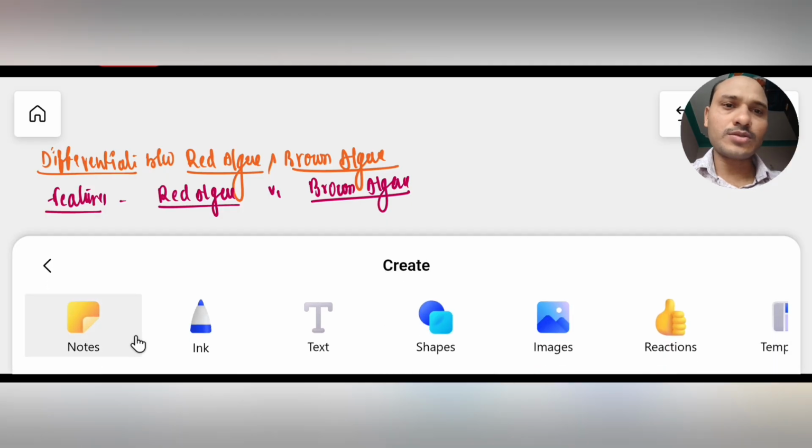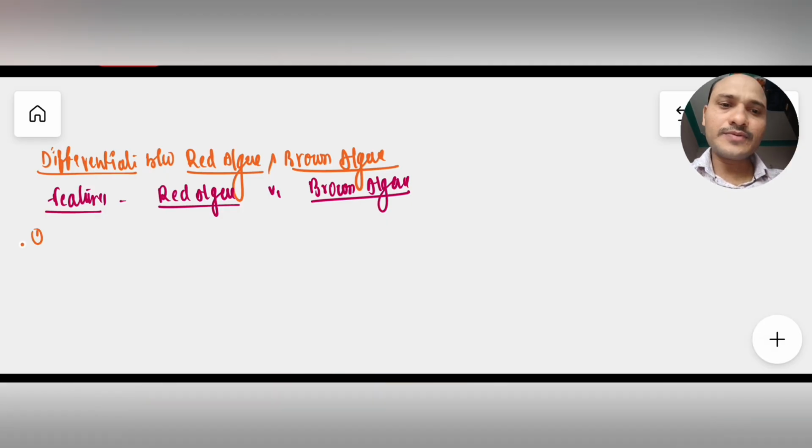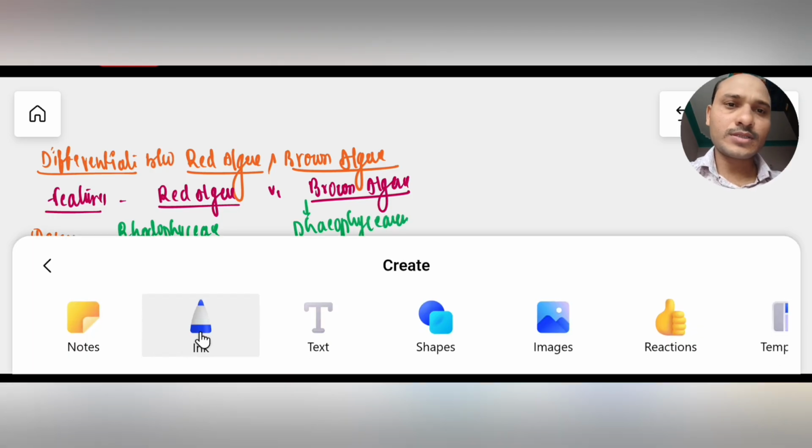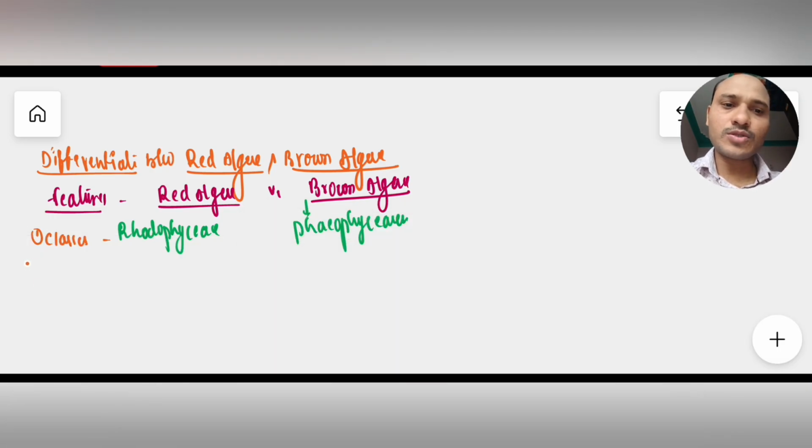Here, the first feature is class. Red algae belong to the class Rhodophyceae, and brown algae belong to the class Phaeophyceae. Remember. The second difference is about pigment.